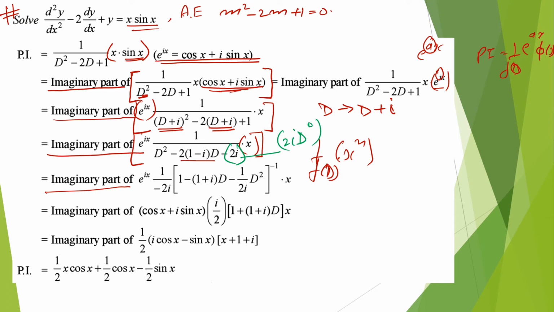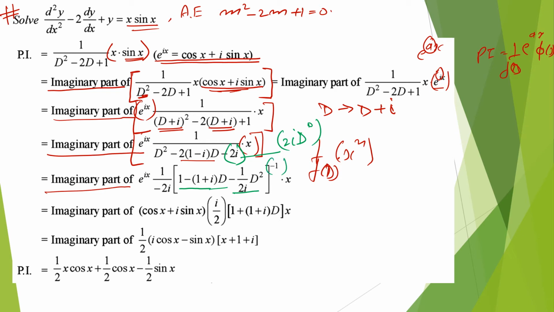We take minus 2 iota as common. We get 1 minus 1 plus iota D minus 1 by 2 iota D square, and because it was in the denominator, the power is minus 1.